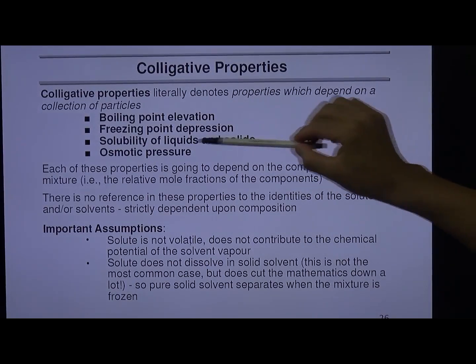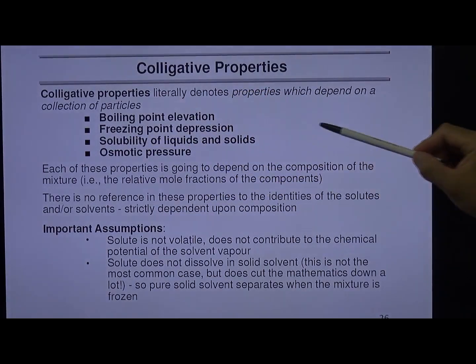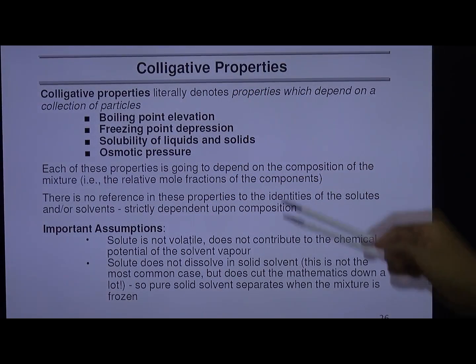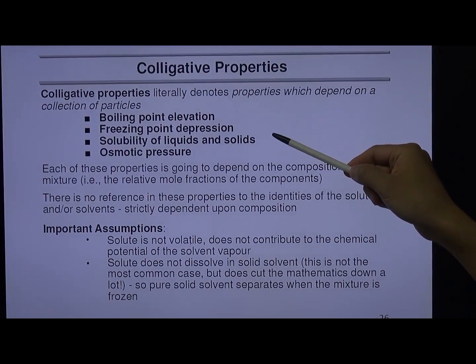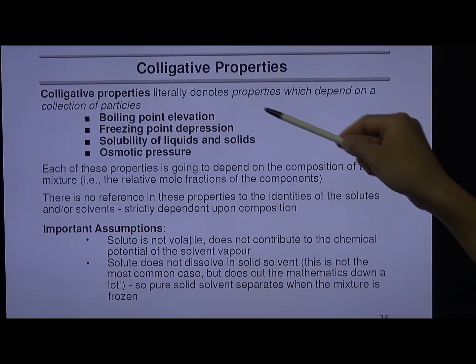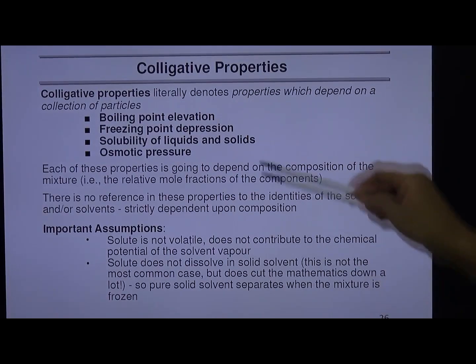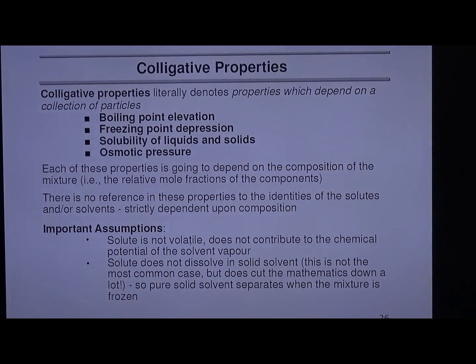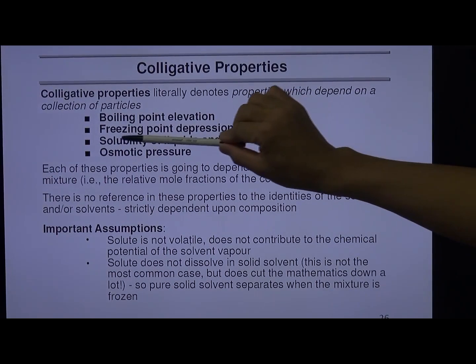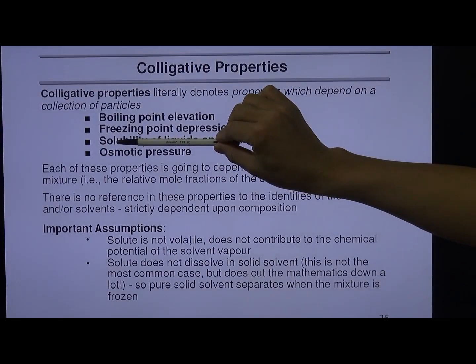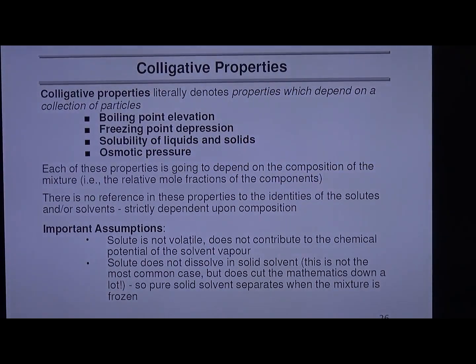The reason why we put solubility here is that the process dealing with the solubility of liquids and solids in solvent is the same as the way we deal with these other colligative properties. Okay? So there are 3 colligative properties, right? Boiling point elevation, freezing point depression, and osmotic pressure. Okay? And each of these properties only depends on the composition of the mixture, how much material is present in the solution. Okay?